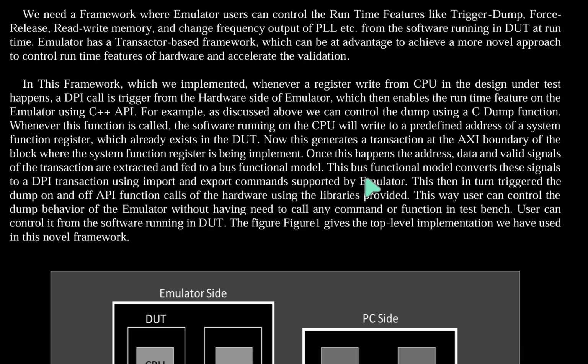This then triggers the dump on and off API function calls of the software hardware using the library provided. This way, the user can control the dump behavior of the emulator without having need to call any command or function in the test bench. The user can control it from the software running in DUT.